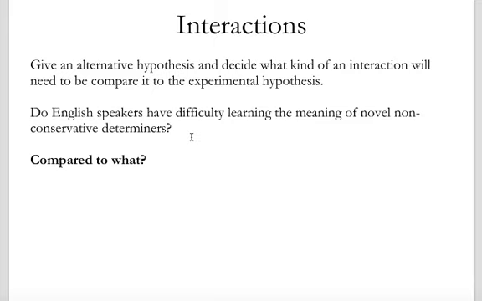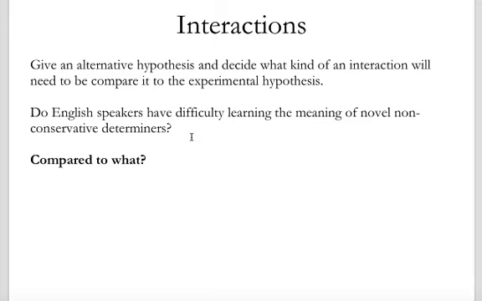That would answer some kind of a question about cross-linguistic variation, although this is probably not the one we'd want to ask in this experiment, because as we noted in that semantics overview, it looks like all determiners in possibly all natural languages are conservative, so there's no particular reason to think that English speakers would have any more difficulty with this than speakers of any other language.